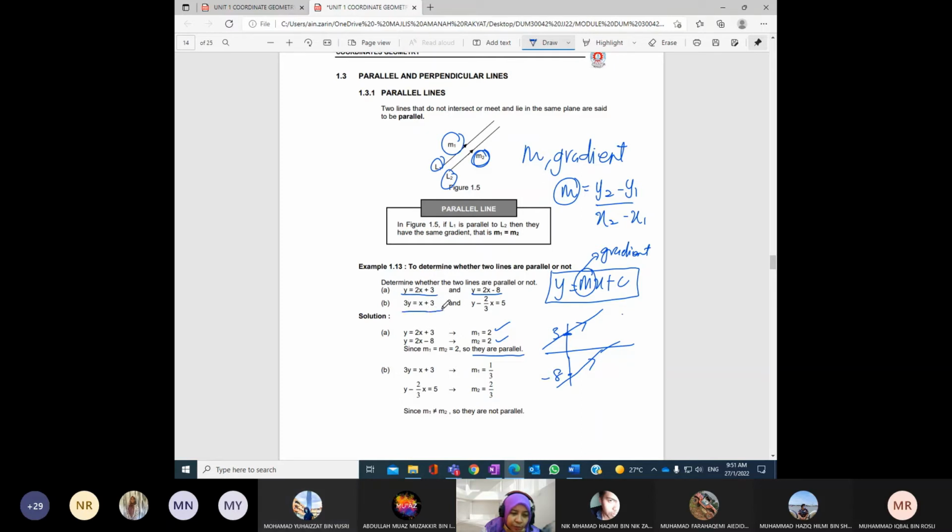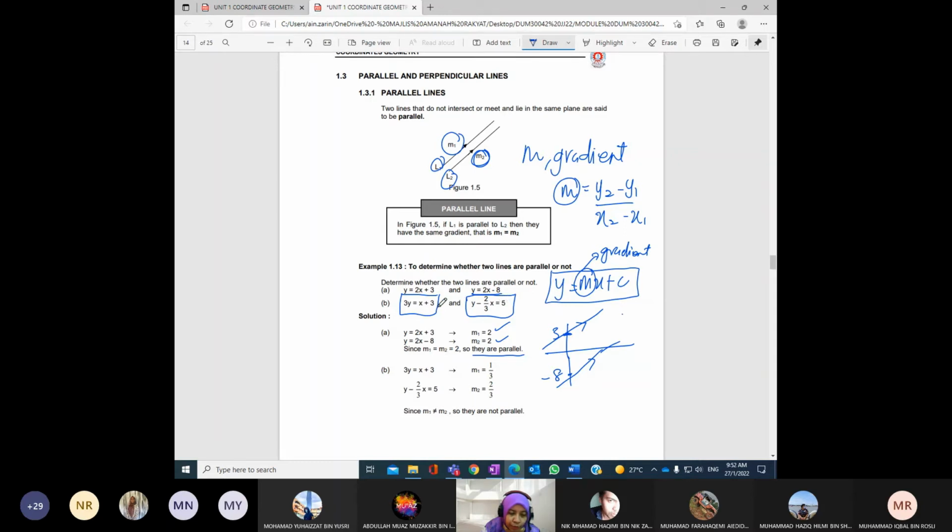Now let's look at this one. Are they in the same form? Do they have the same pattern, I mean the same form of equation? Their form is not the same. One looks like it starts with 3y, the other looks like y minus 2 over 3x equals 5.